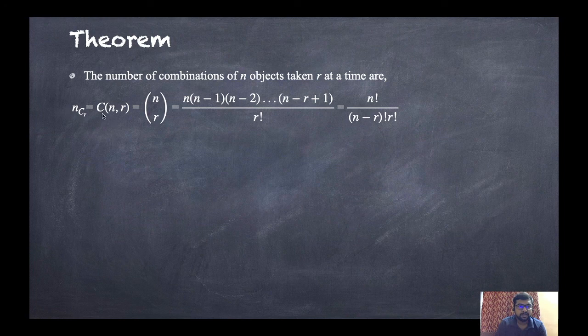It is also written as C(n, r), and it equals n times n minus 1, n minus 2, up to n minus r plus 1, divided by r factorial. But we will simply remember this: n factorial upon n minus r factorial into r factorial. It means that out of n objects, we want to choose r objects. So that is nCr, and this one is important.